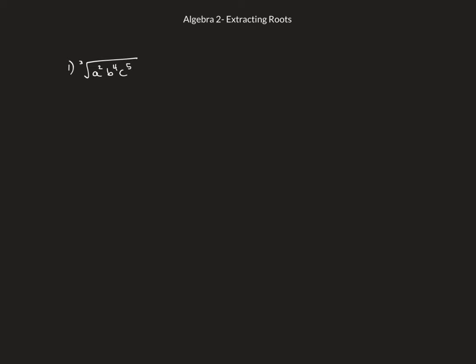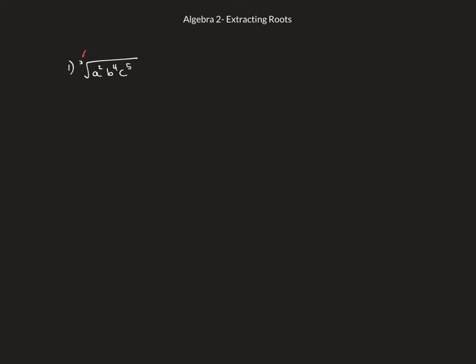It's basically how you would solve this problem: you would take this number on the outside. In this case, it's a 3, so it's a cube root, or it could be any other number, and then you would take all of these numbers or variables inside the root, take that exponent, and have this outside number in as the denominator.